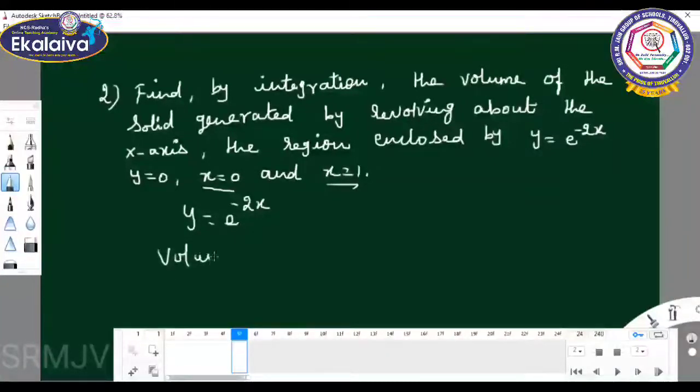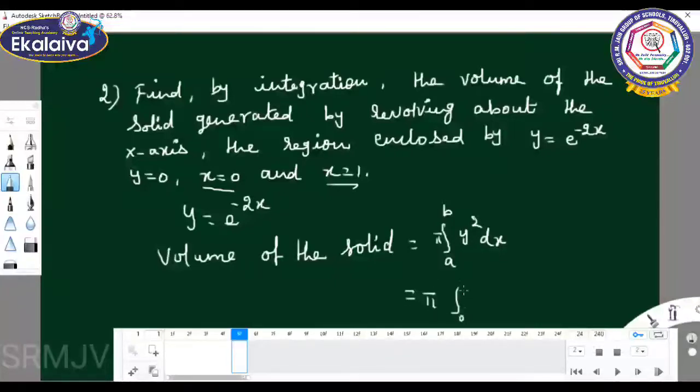Volume of the solid, what is the formula? Volume equal to pi into integral a to b y square into dx, that is pi integral 0 to 1 of e power minus 2x the whole square into dx.